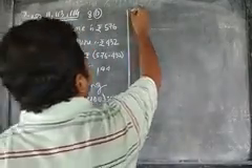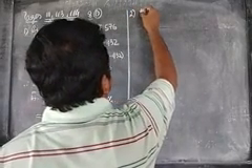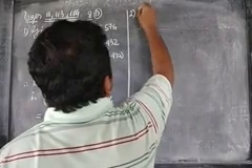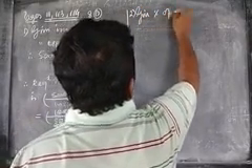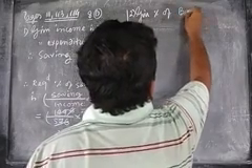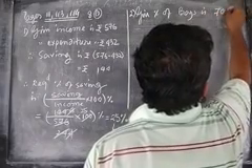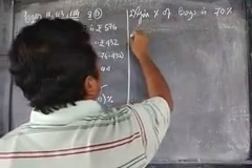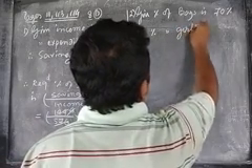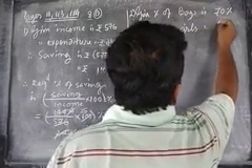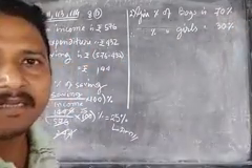So in question number 2, given percentage of boys is 70%, therefore percentage of girls is 30%. This much you understand.